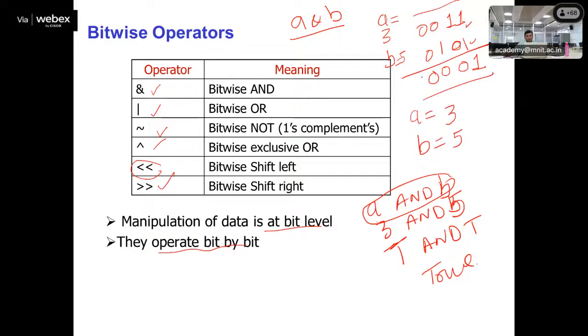So the outcome is 0, 0, 0, 1, which is 1 in this case.